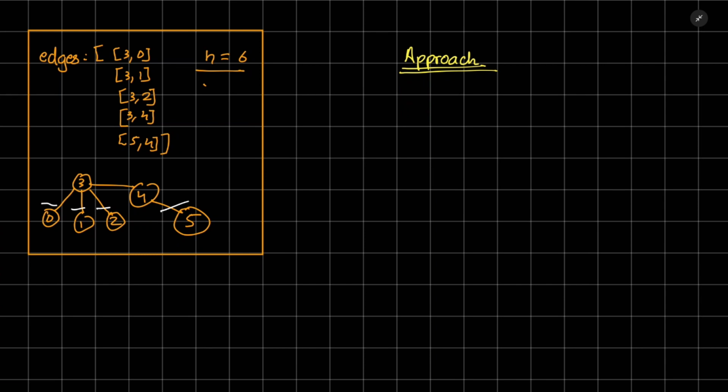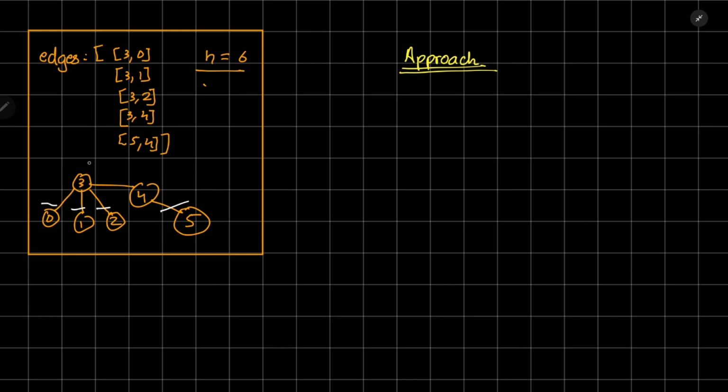So if we delete these nodes, what we are left with is 3 and 4, and these now give us the same minimum height, that is 1 and 1. So that will be our answer.